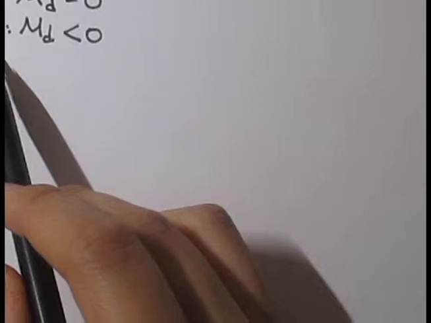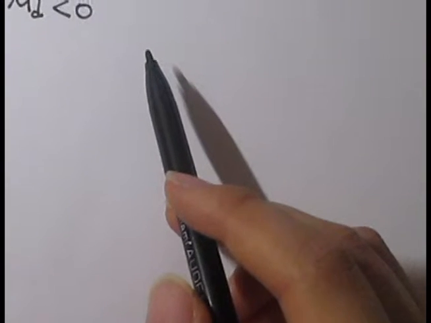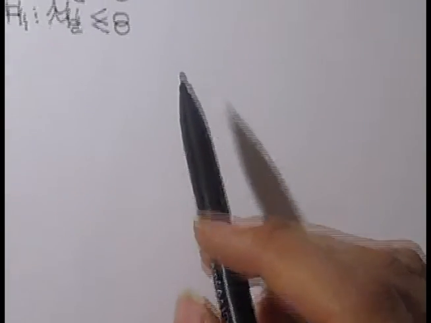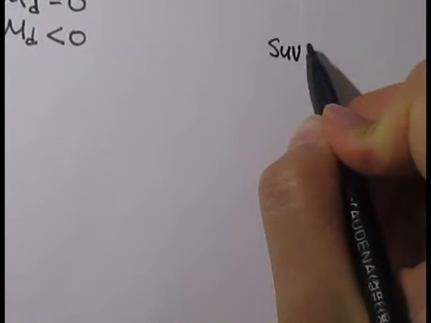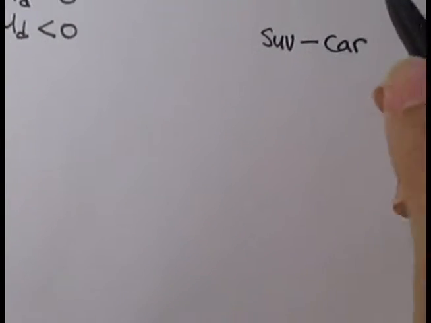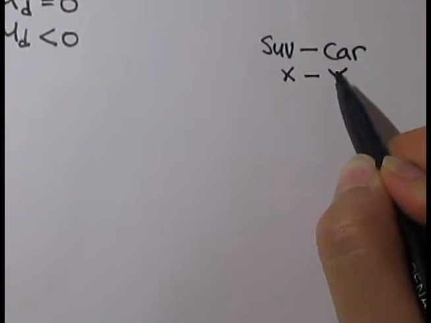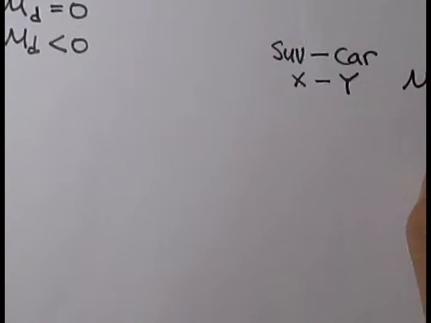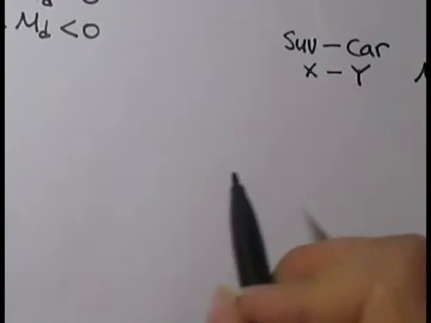And before we get the alternative hypothesis, we need to define the difference first. I'll put SUV minus car. So it's going to be mu sub d is smaller than 0.